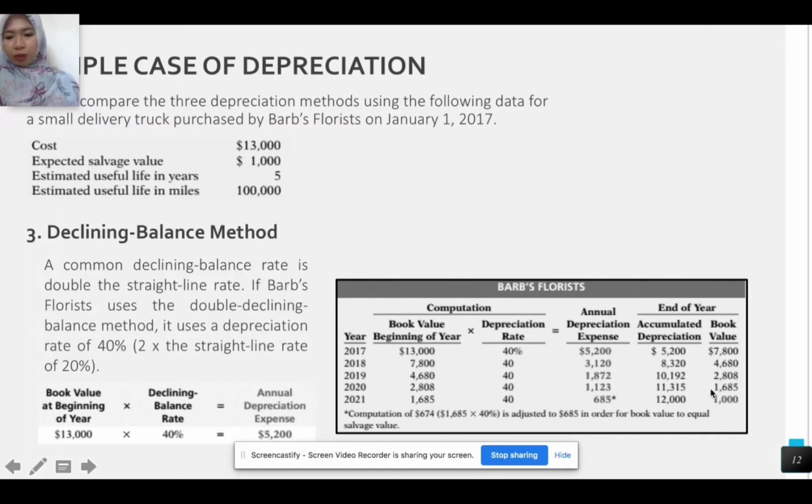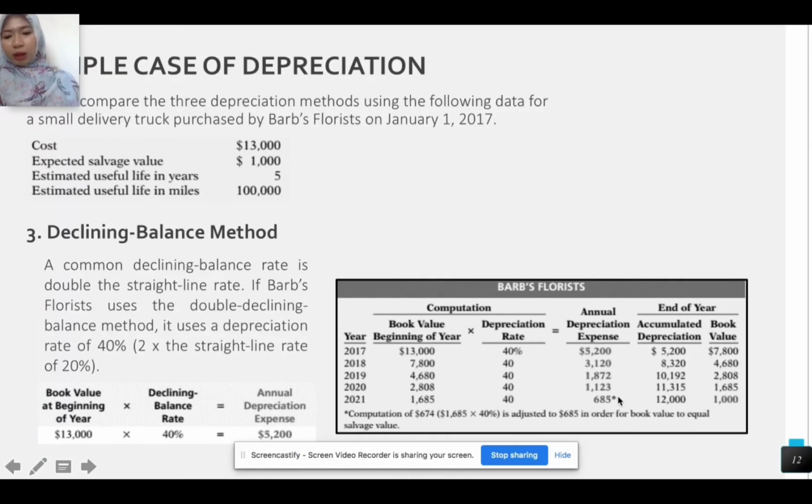Look at the last year. The book value of the fourth year must be the book value at the beginning of year for the last year, and we multiply by 40%.